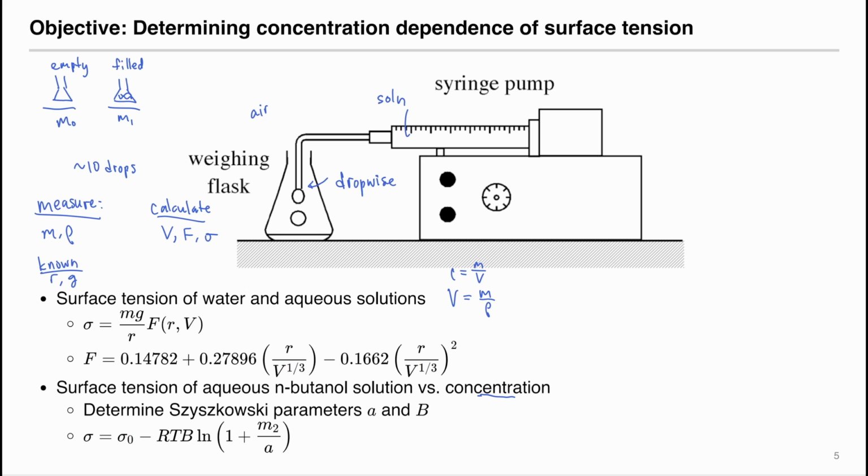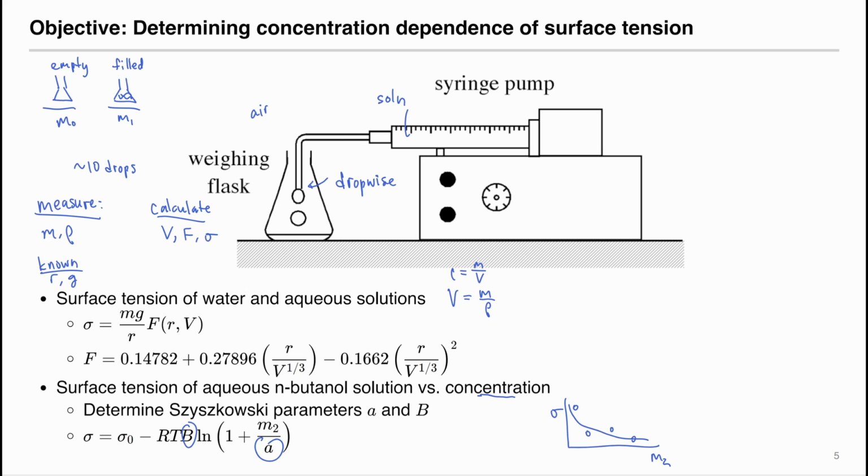For solutions of different concentrations, we can fit the curve to see that sigma with respect to the molality behaves according to this equation, the Szyszkowski equation. In this lab, we want to use data points to fit this curve using nonlinear regression in order to determine the Szyszkowski parameters A and B and other quantities we can measure.